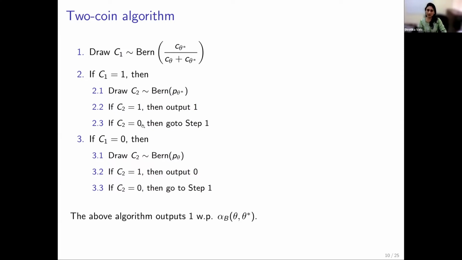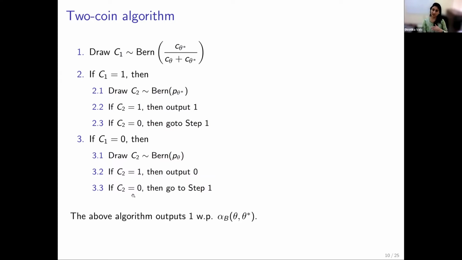Now, if C2 is 0, then we don't reject it. We actually go back to step number 1. So at step number 2.3, we loop back to step number 1. Now, if the first coin was 0, then draw a second coin with probability of success p theta. If that turns out to be 1, then you output 0. Outputting 0 means reject my proposed value and stay where you are.